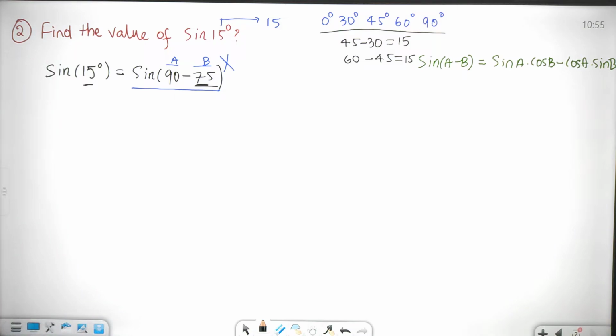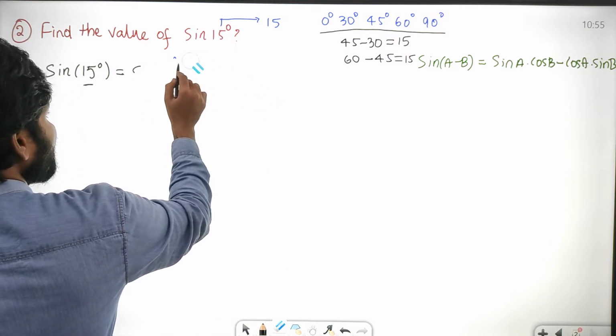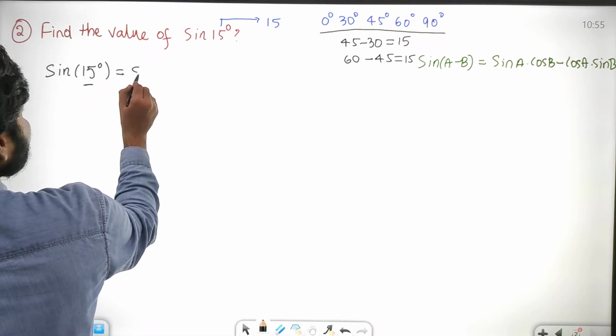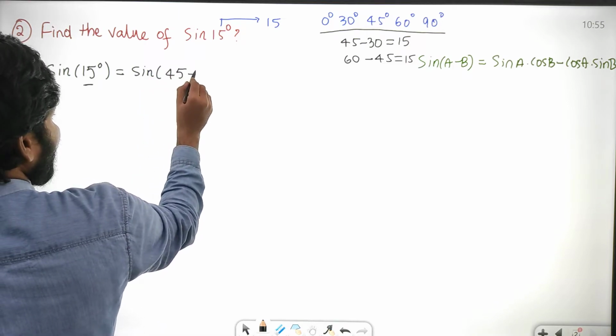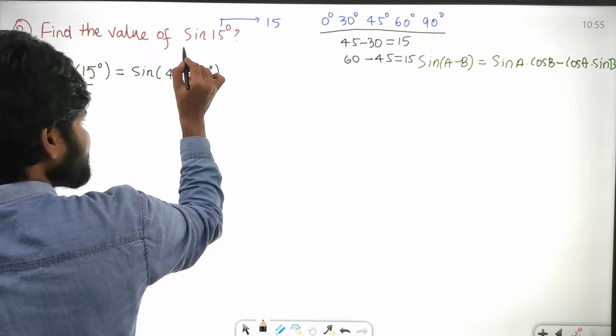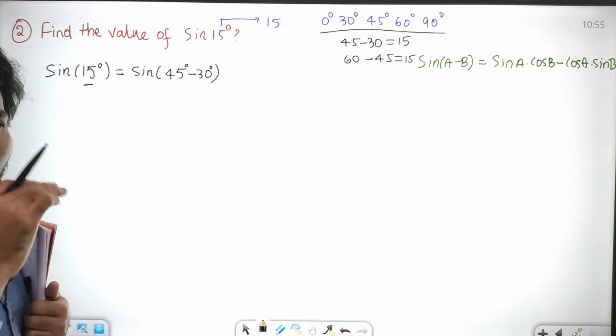Hope you understand, right? So let's take this value as sine of 45 minus 30. See here, if I don't mention degrees, it means degrees. Okay, don't worry.